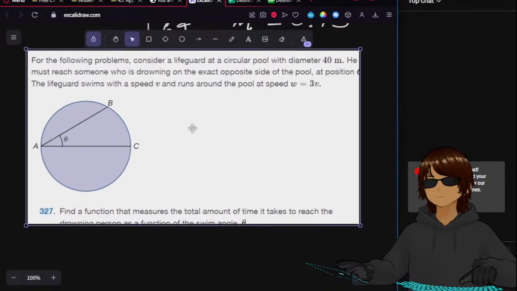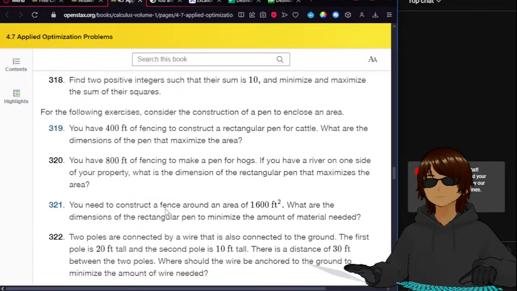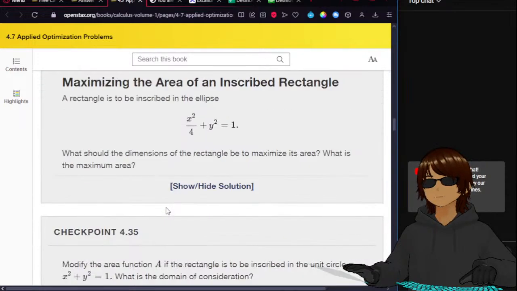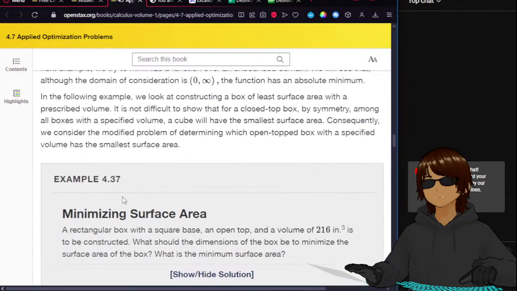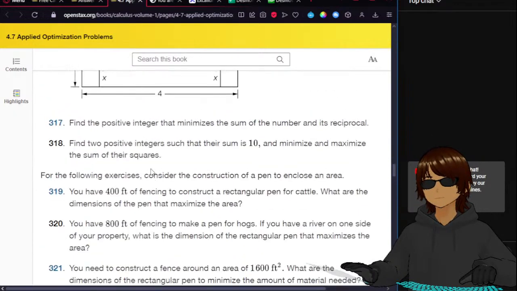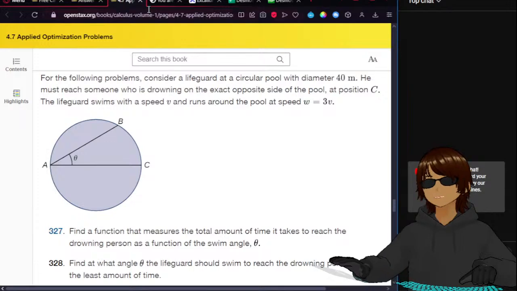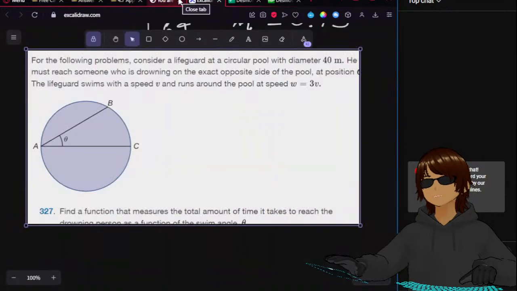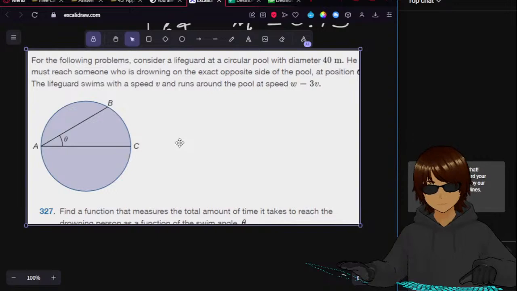So speed is W is equal to 3v. Wait, before I do this, I want to see something. Okay, never mind. I thought it would be easy for me, but I thought I would breeze through this, but it's taking a lot of time.